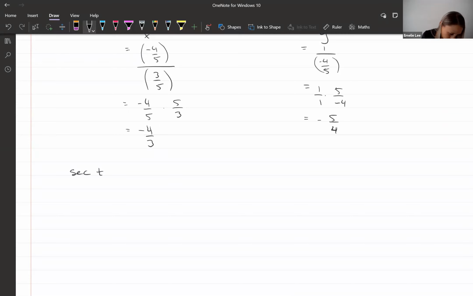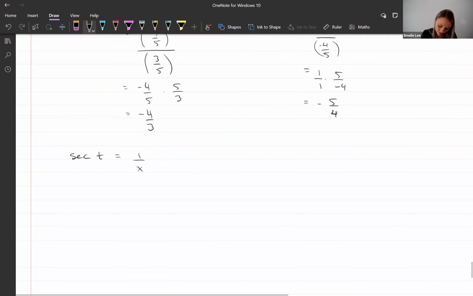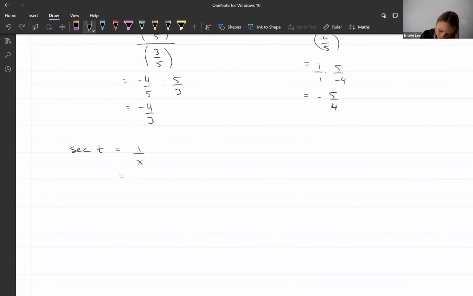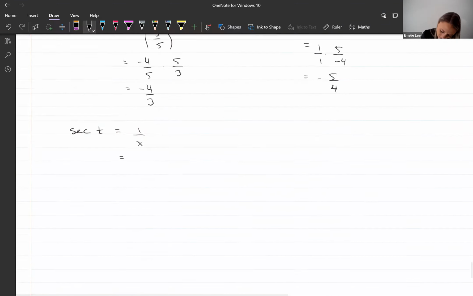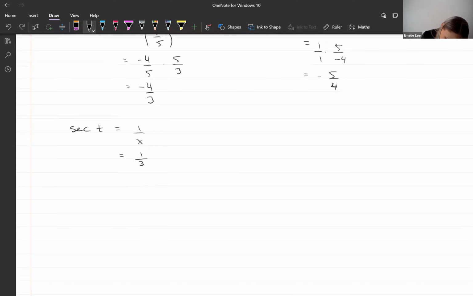Secant of t is 1 over x, as long as x is not equal to 0. X in this case was 3 over 5. So we have 1 over 3 over 5. Now I'm just going to move a little bit quicker. I get 5 over 3.